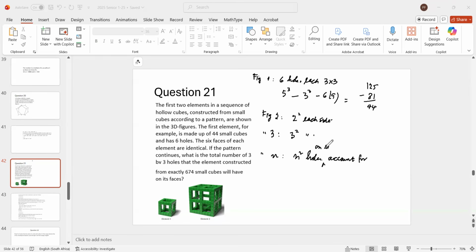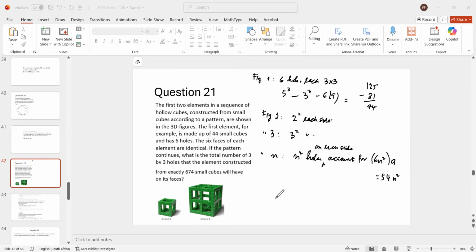It's important. On each of the 6 sides. So they account for 6n squared if you count all the 6 sides of this cube. And each of those holes have got 9 little tiles. So these are 6n squared holes. So this gives you 54n squared.